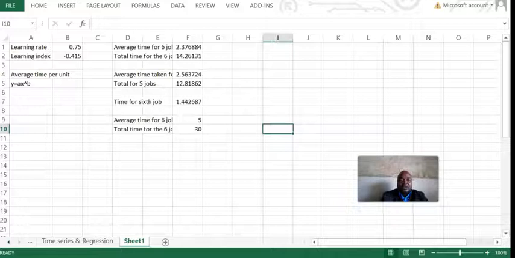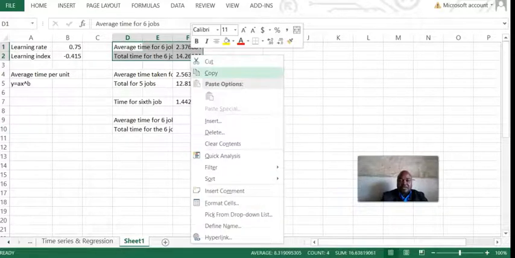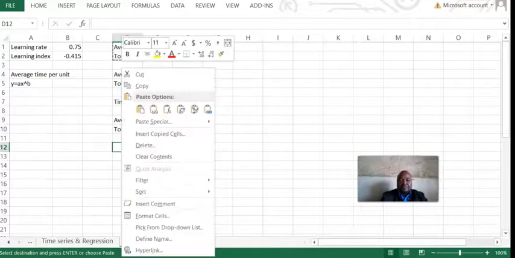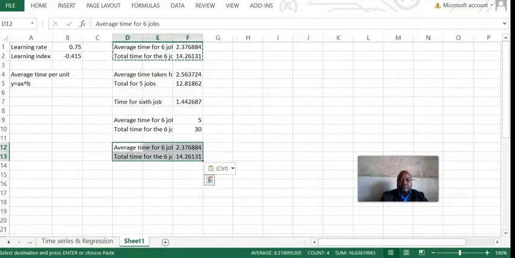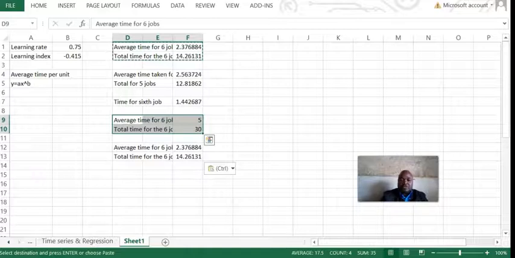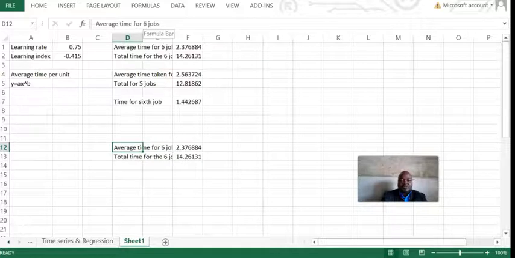So when we do our copying, just do this and come here and paste it. We remove this one because we do not want this one. Then we just have to make some changes there.